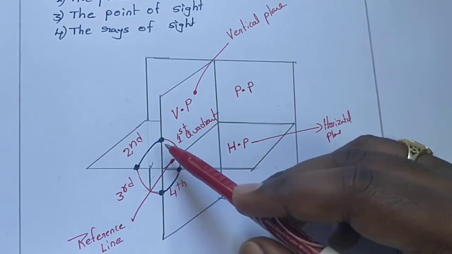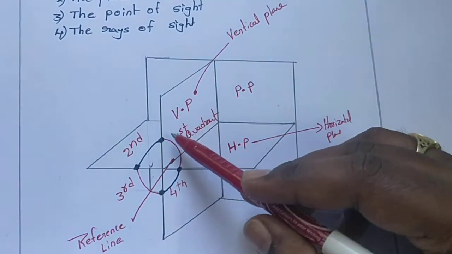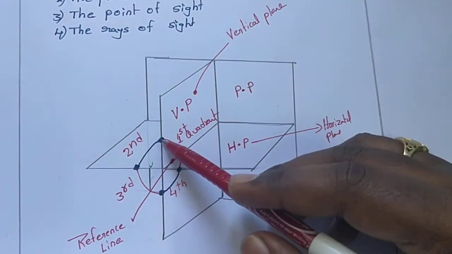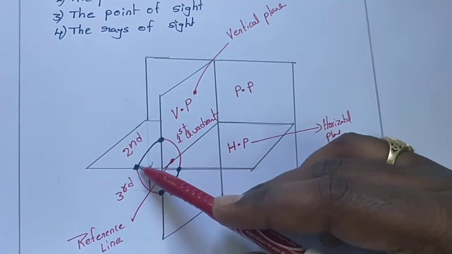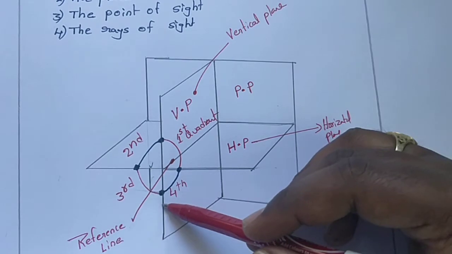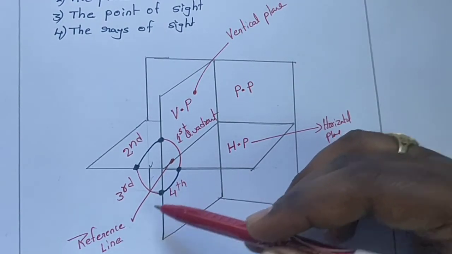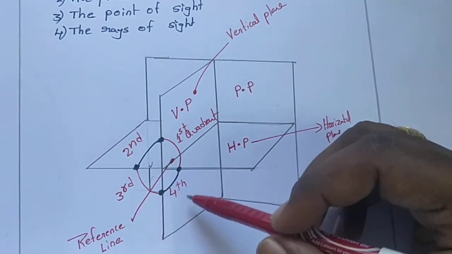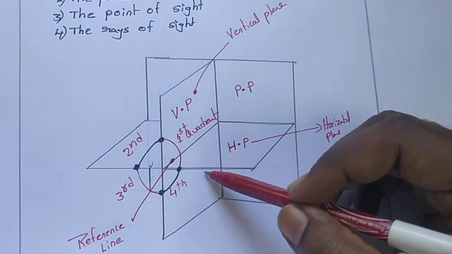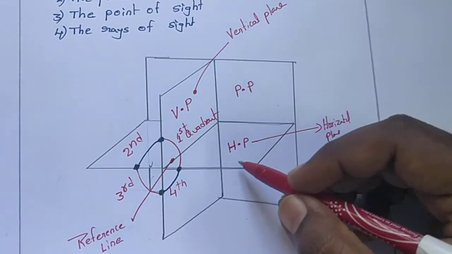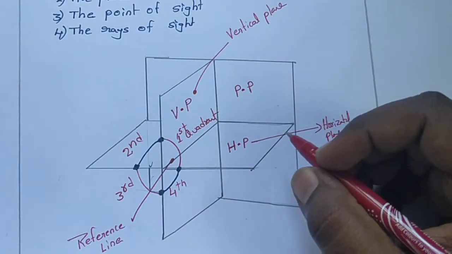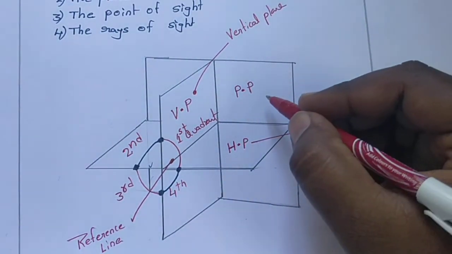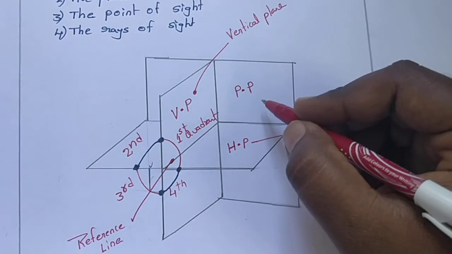From this point to this point is known as the first quadrant. From this plane to this plane is the second quadrant, this plane to the horizontal plane is the third quadrant, and this plane to this plane is the fourth quadrant. Suppose an object is in the first quadrant.